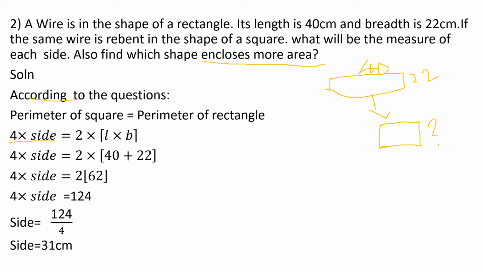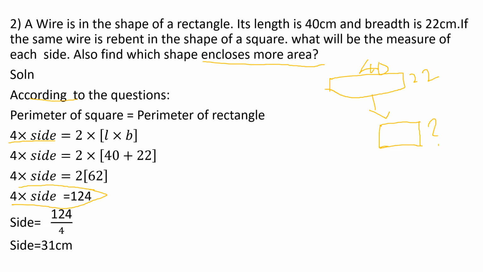Now 62 into 2, multiplied. Check whether you are getting the answer 124. 62 into 2. Multiply and say the answer. Are you getting 124? Yeah, I think you are getting. Okay. So 4 into side is equal to 124. Now it's an equation, right? This is an equation.